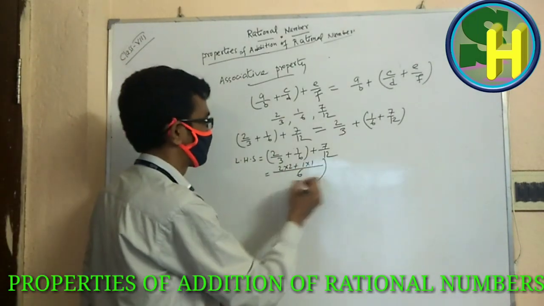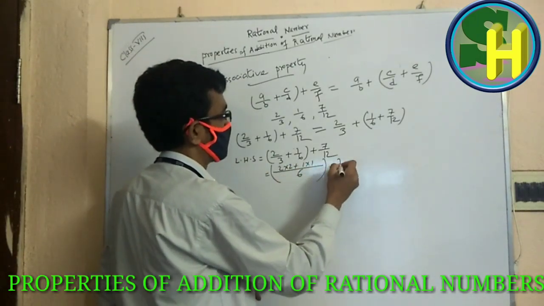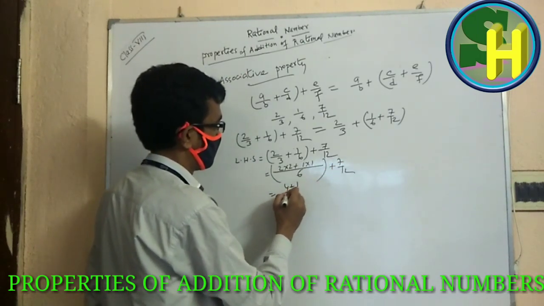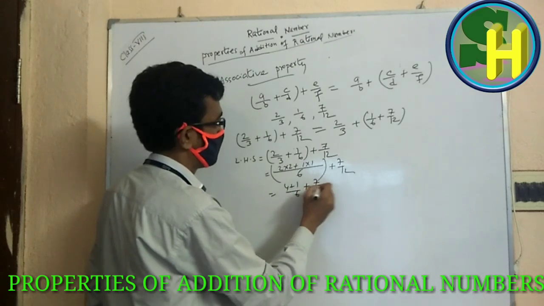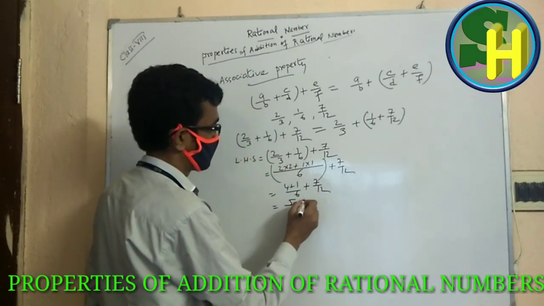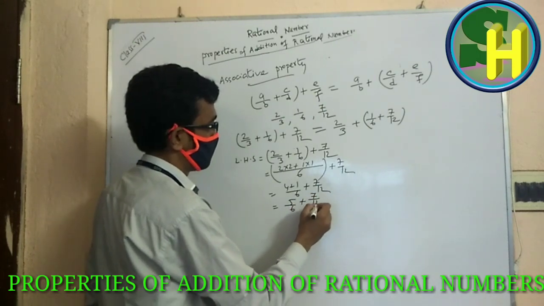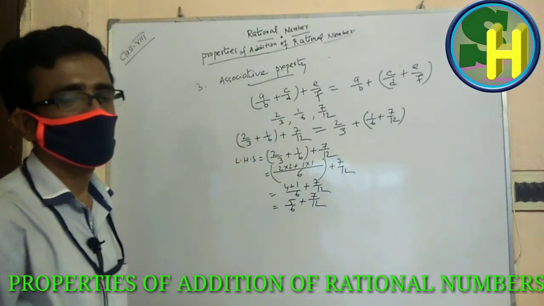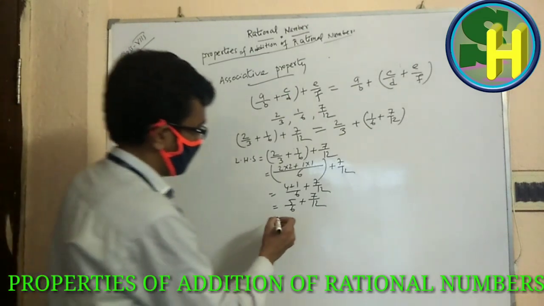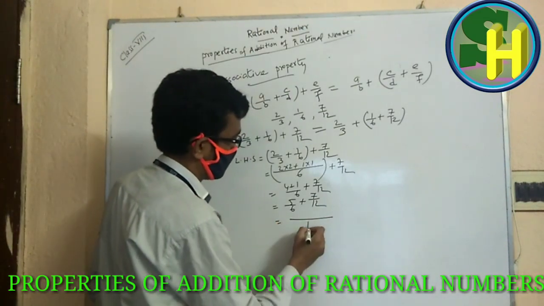Clear? Plus 7 by 12. This is 4, 4 plus 1 is 5 by 6, plus 7 by 12. Again, you add it.